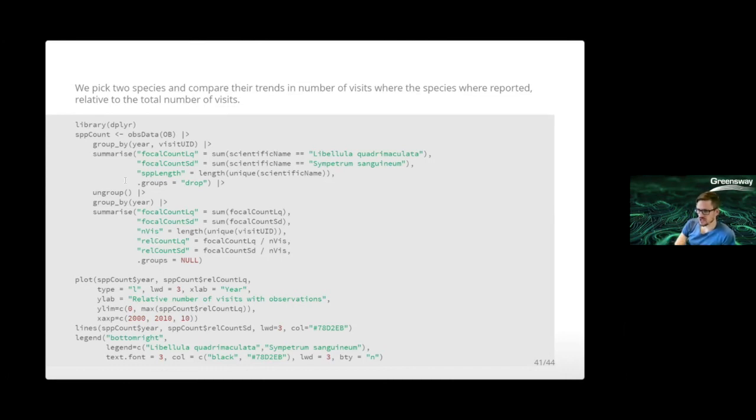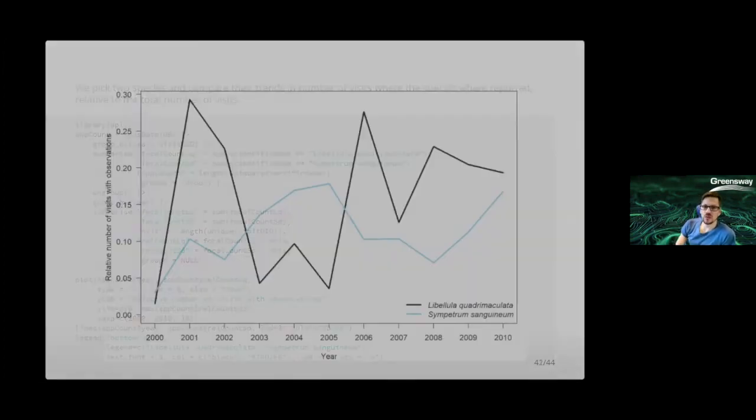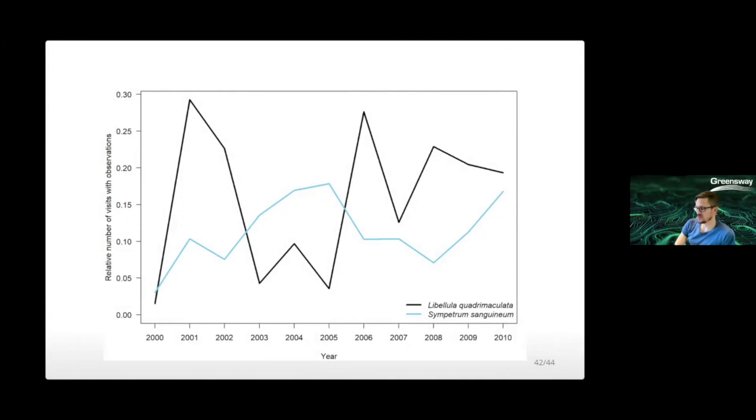And this is just the code to show you that in a few lines we can produce a standardized way of presenting the relative number of visits with observations for each species.